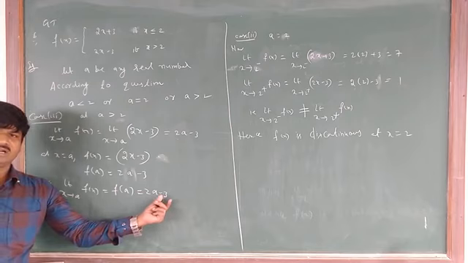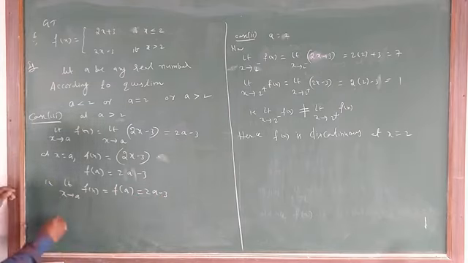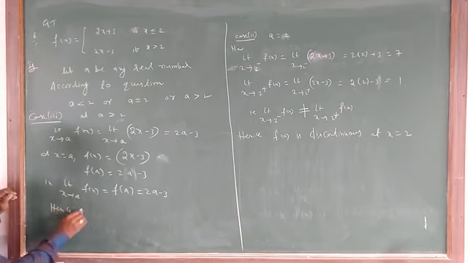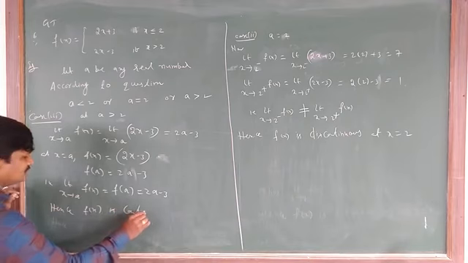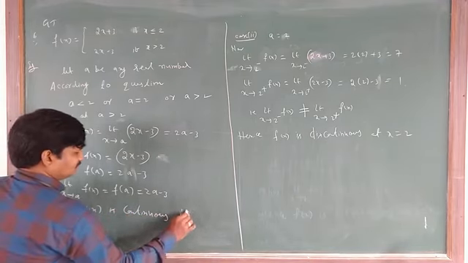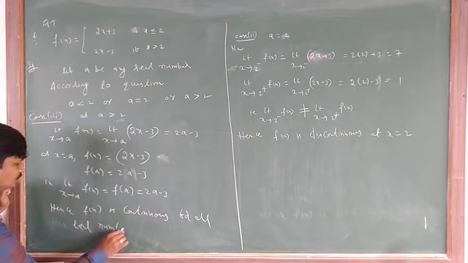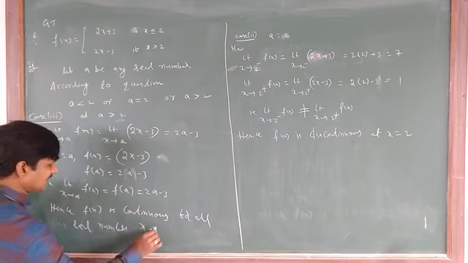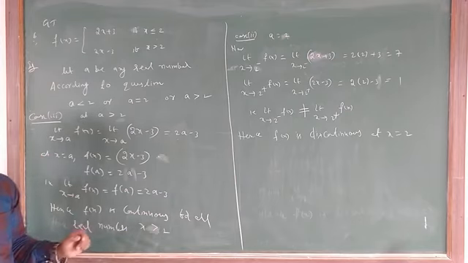So it is continuous. Hence f of x is continuous for all real numbers x greater than 2. Did you get this one?